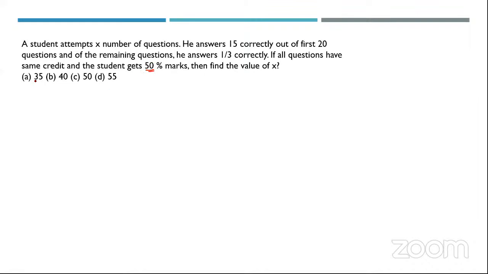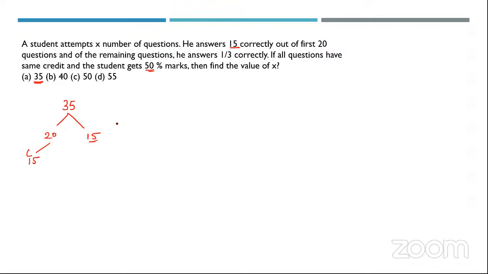Now let me take the value of X as 35. If 35 is there, he answers 15 correctly out of the first 20 questions. So it means that he is left with another 15 questions.